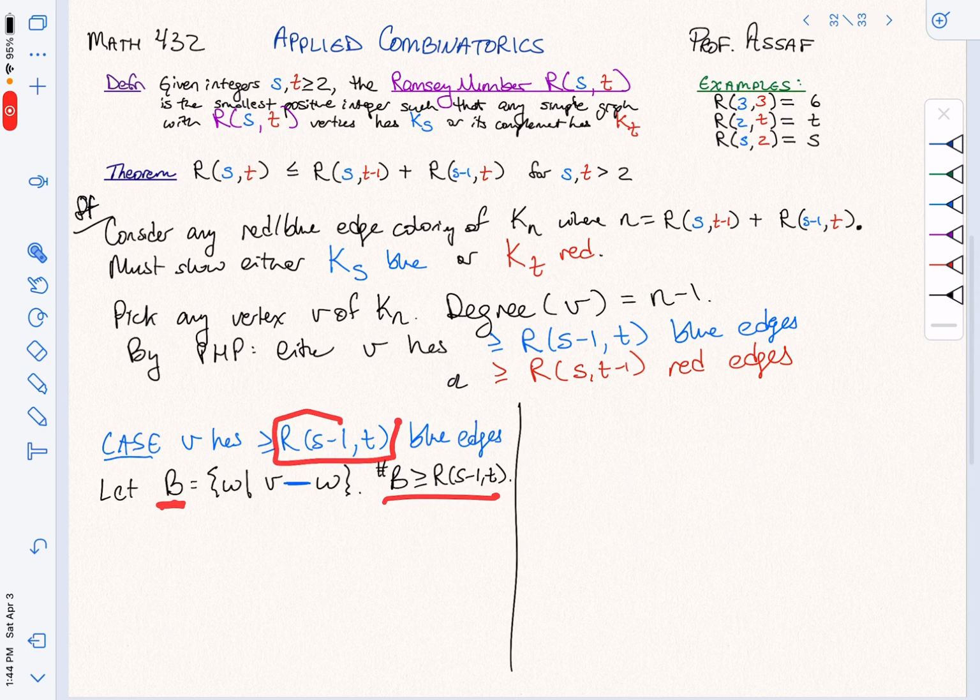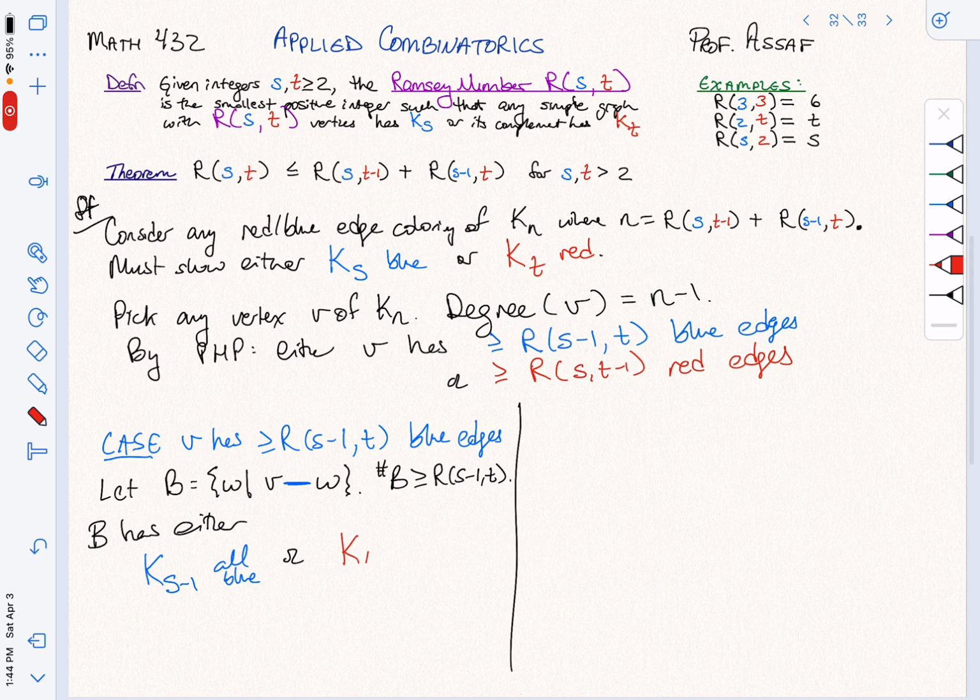Well, what does the definition of a Ramsey number mean? The definition of the Ramsey number guarantees that B as a graph has either a K_{s-1} that's all blue, or a K_t that's all red. That's just because it has at least this many vertices, and that's the definition of the Ramsey number.